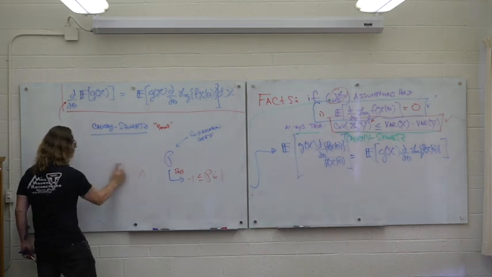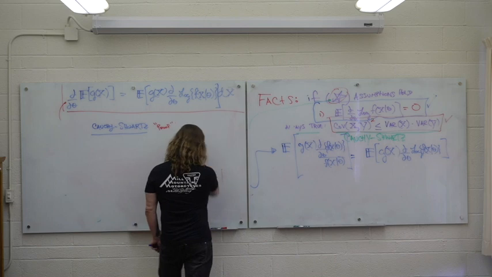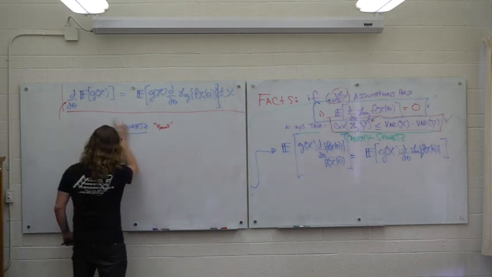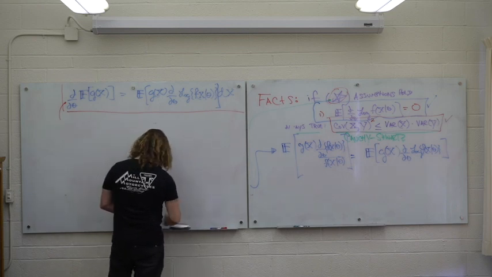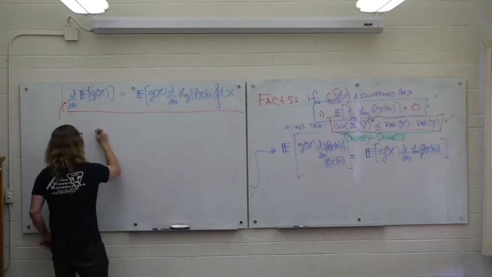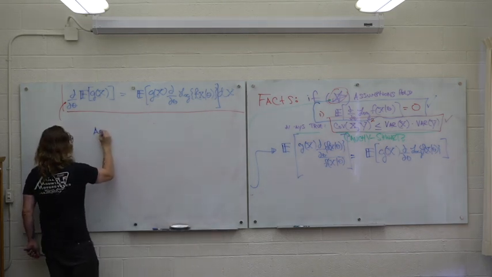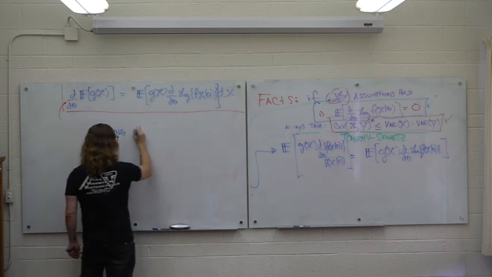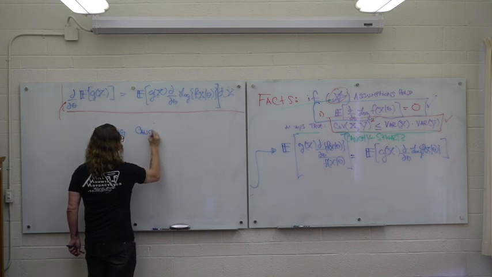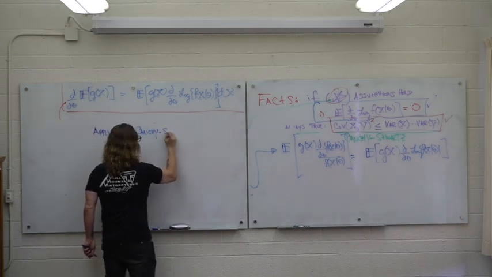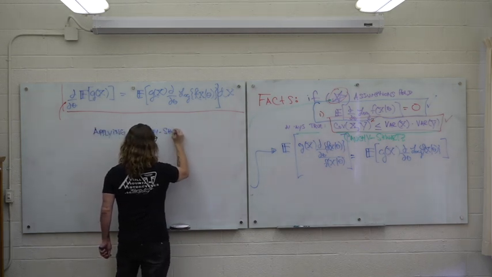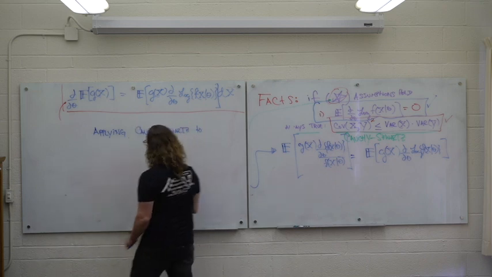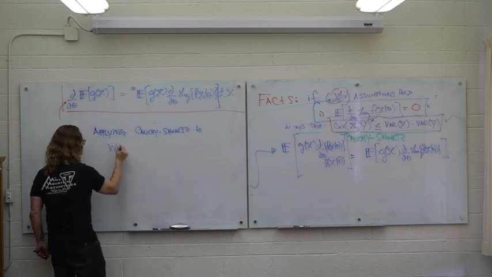Okay, let's apply everything we know. From that, we're going to get the Cramer-Rao lower bound. Applying Cauchy-Schwarz, and I'll apply it to our estimator.